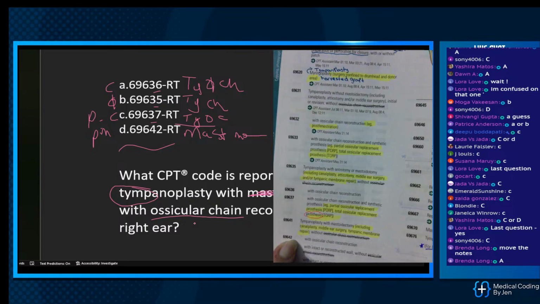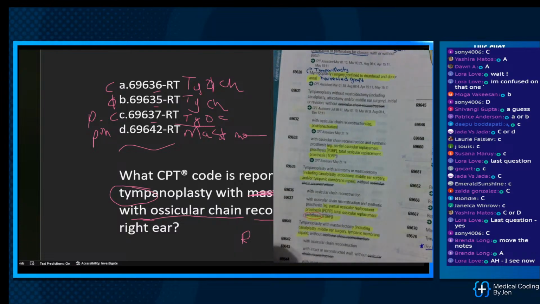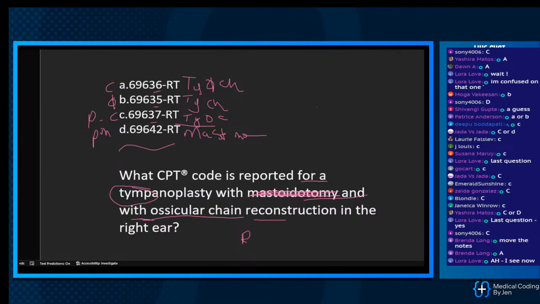But what's not in a lot of the codes is whether they have the ossicular chain reconstruction or not, or a prosthetic. So that's your differences. Does that make more sense? Looking at the code descriptors? Because mastoid is in all of these answers, every single one.